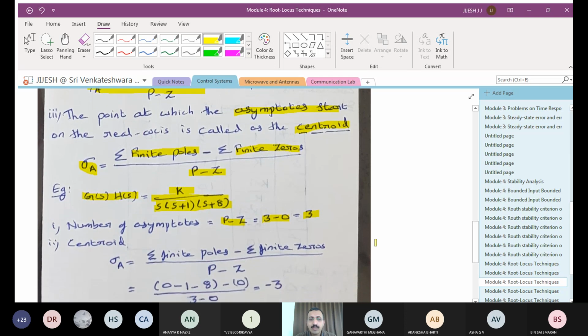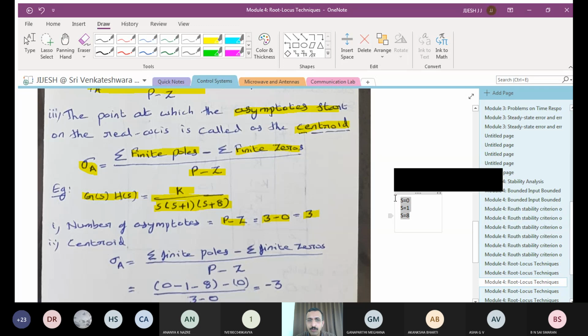Just listen carefully. What are the poles here? The poles available here are s equal to 0, s equal to minus 1, and s equal to minus 8. How many zeros are there? There is no zero.